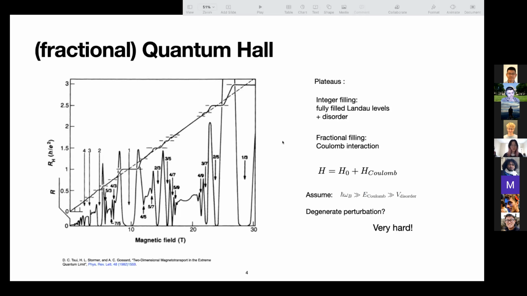We are all familiar with integer quantum Hall. Basically, it can be explained by fully filled Landau levels of a 2D electron gas in a magnetic field, plus some disorder, which causes the plateau.